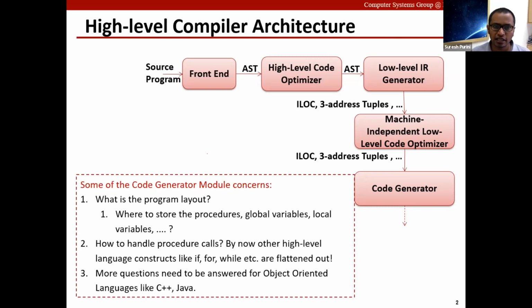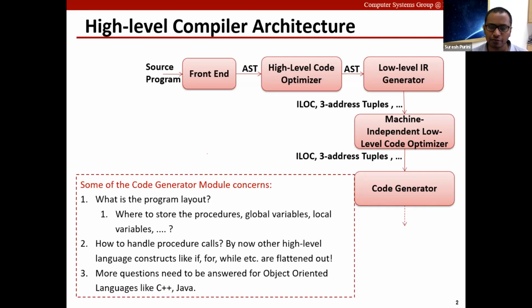And if there are no serious semantic issues, then the front end passes that AST to a high-level code optimizer component. Not all compilers perform optimizations on the AST, but there are certain optimizations which make sense on the AST, and there are some compilers which do optimize on the AST representation of the program.